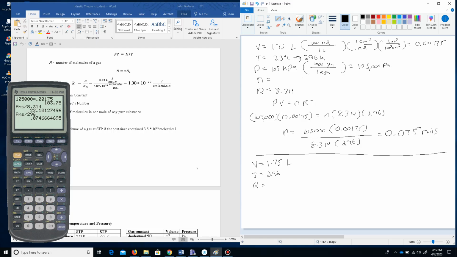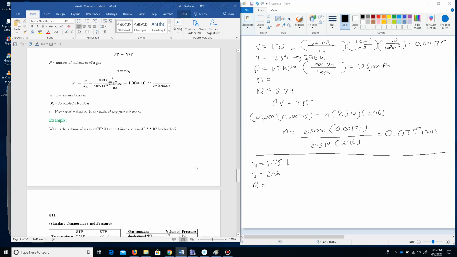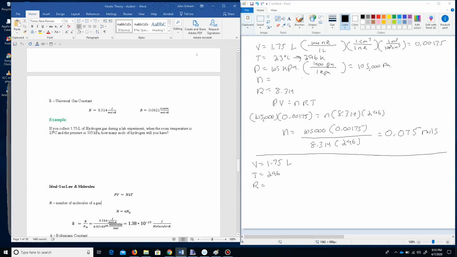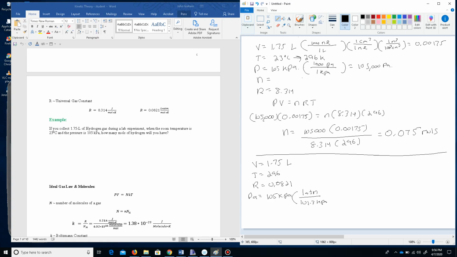If we use the other R, the 0.0821, that's liters in atm, so we have to switch this pascals from 105 kilopascal times 1 atm over 101.3 kilopascals, and you get 1.04 atm.